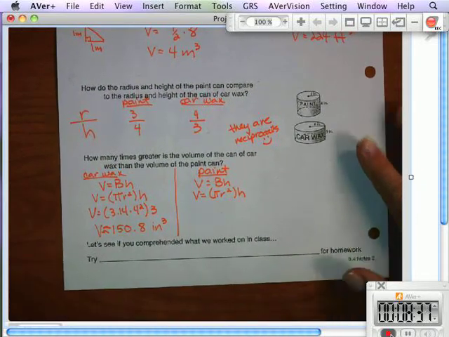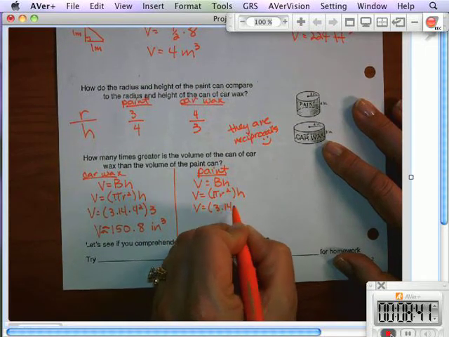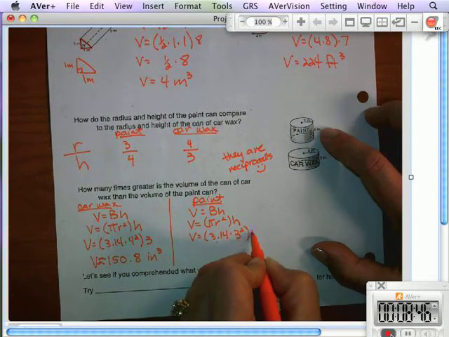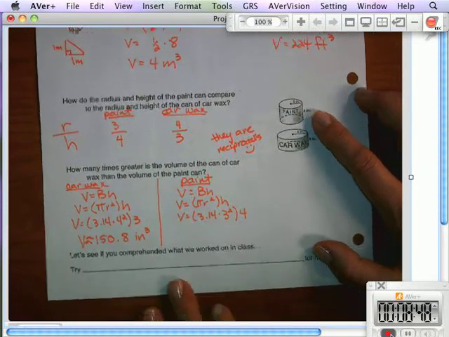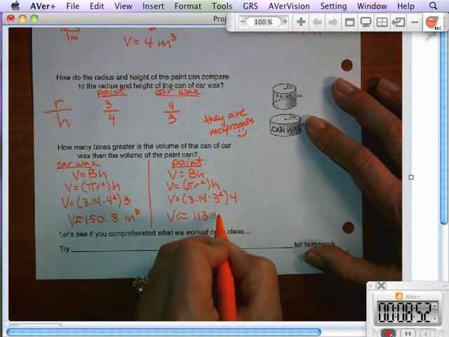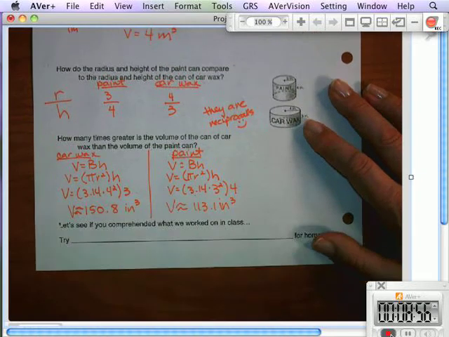Just plug in what you know. The radius is 3 squared. The height is 4. We got it. It's 113.1 inches cubed. Okay, but we're not done.